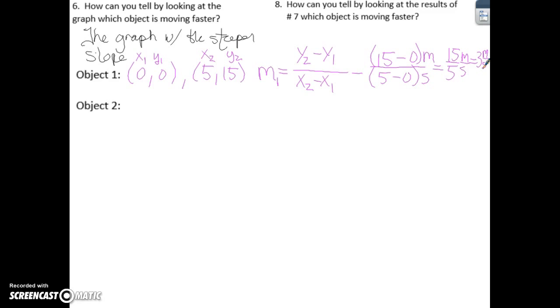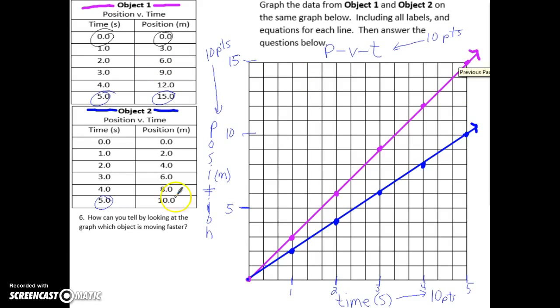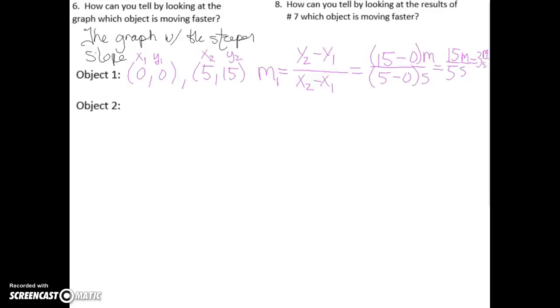What are we going to use for the blue? For the blue, we'll use 10 and 5. Well, sorry, 5 and 10, 0 and 0. And you can already tell what the slope is, but for this exam, I want you to show your work.